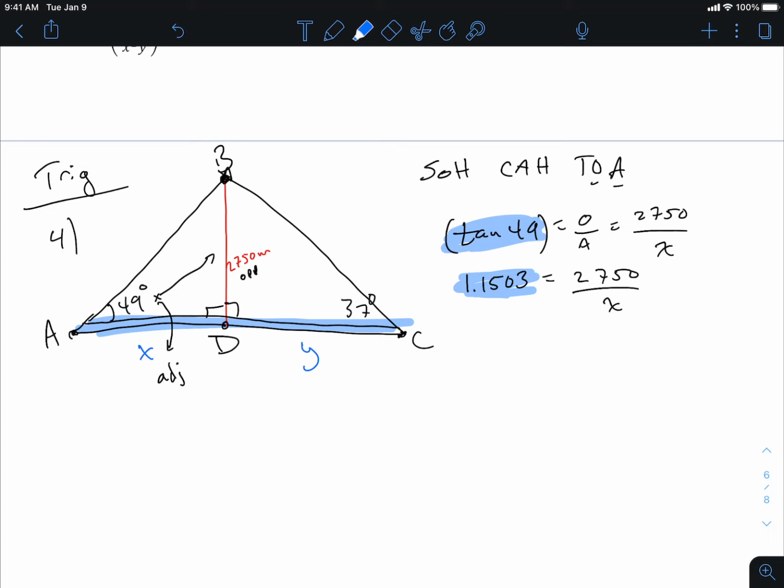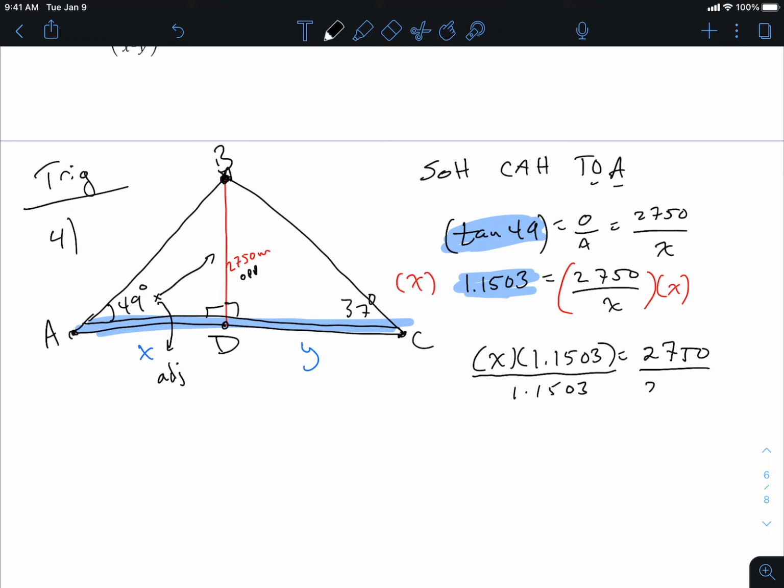Now all you're doing is solving for x. Multiply both sides by x. The x's cancel, and you get x multiplied by 1.1503 is equal to 2,750. Divide both sides by 1.1503.